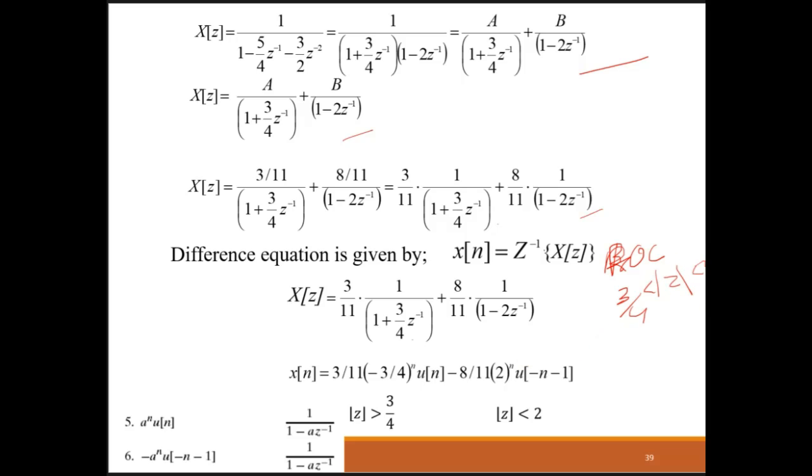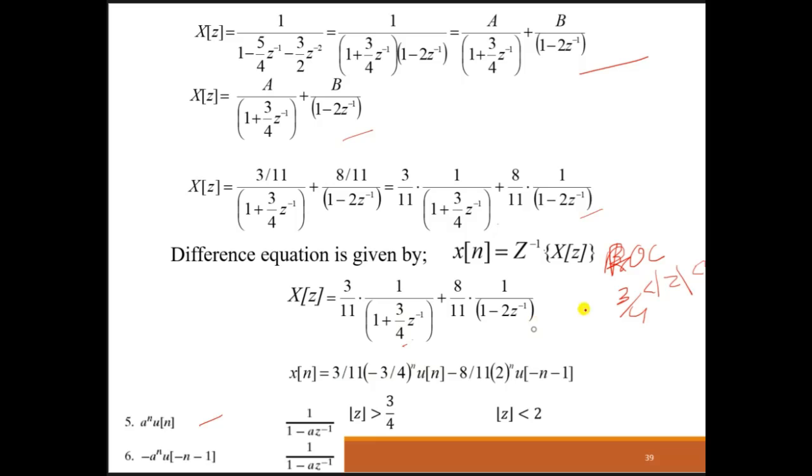So dekat sini you tahu that okay, Z is bigger than 3 over 4. So yang poles yang Z is bigger than 3 over 4 is right-sided sequence lah. Okay, so for this part, you kena pakai yang untuk causal ataupun right-sided sequence. Okay, yang ni.